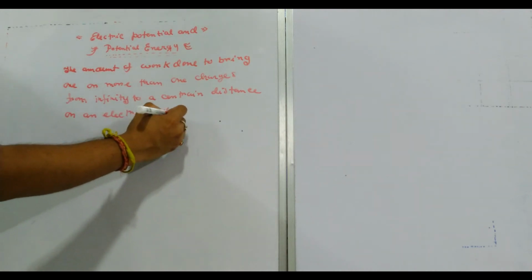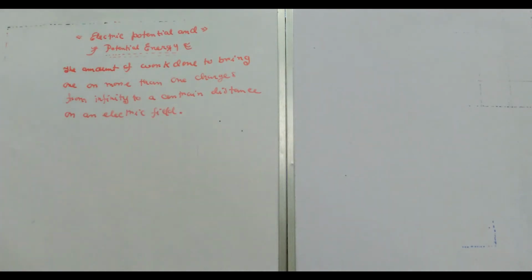That is, we are now not interested to bring a positive unit isolated charge. What we are interested in is that we will bring a standard amount of charge or more than one charges from infinity to a certain point on an electric field. That is, we are propagating several amount of charges.